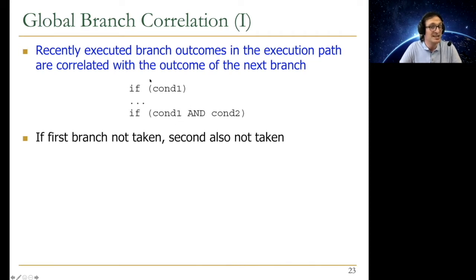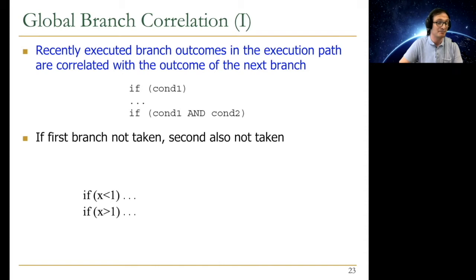So if the first branch is not taken, you definitely know that condition 1 is not true. Then the second branch should also not be taken, right? So if you somehow can correlate with the branch outcome of this prior branch, then you can basically do a good prediction for the second branch over here. So that's the beauty of correlating between the outcomes of different branches as you execute the program.